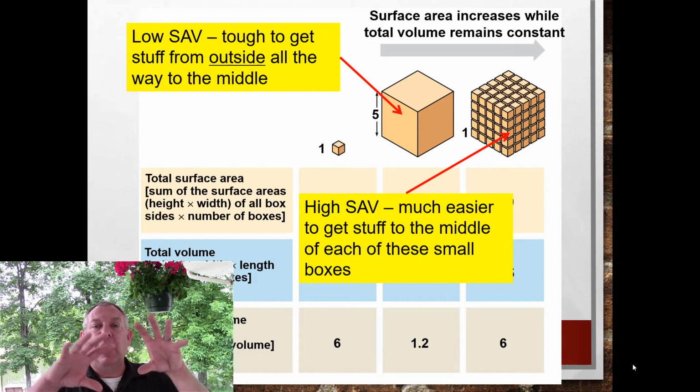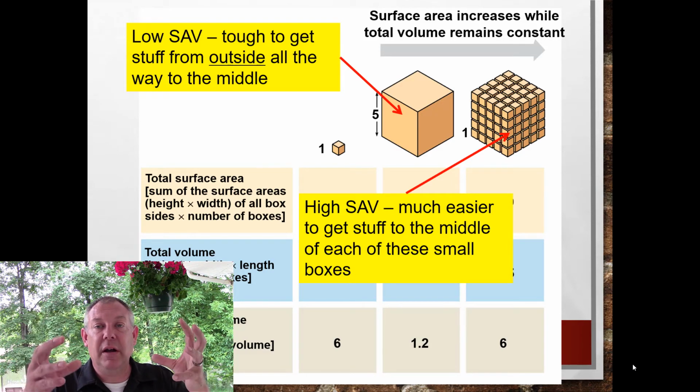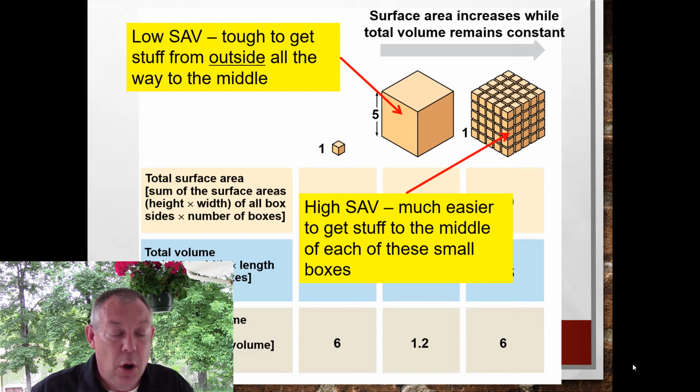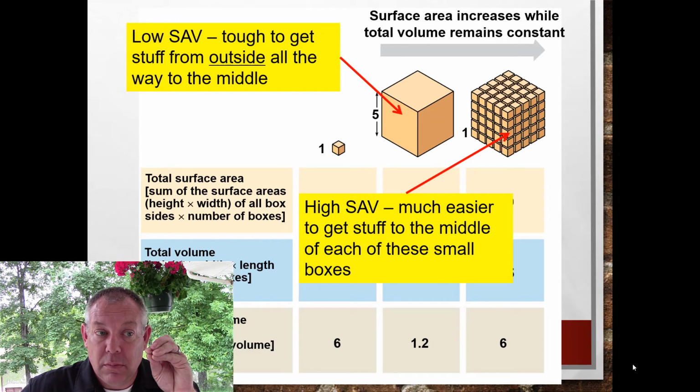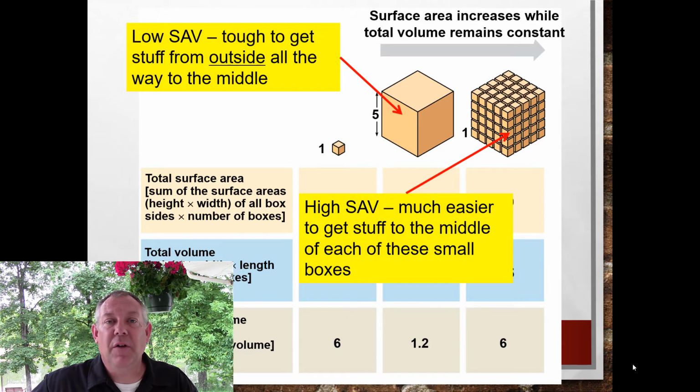There's not as much surface area that you can cross, and when you do cross, you've got a long way to travel. Whereas if you've got a high surface area to volume ratio, once things cross that membrane, they don't have to travel very far. And so that makes cells more efficient when they're small.